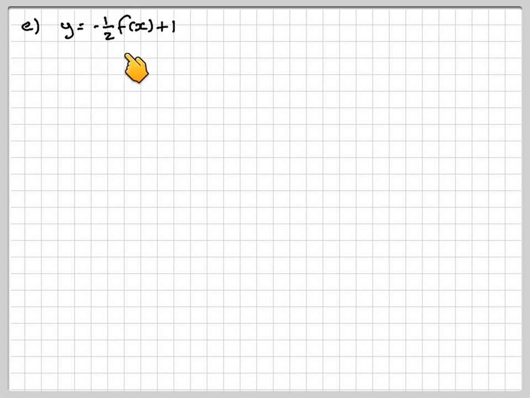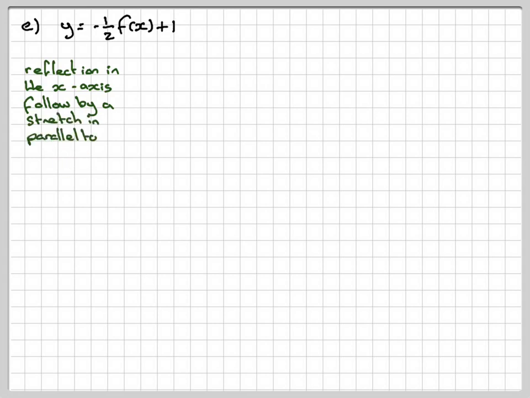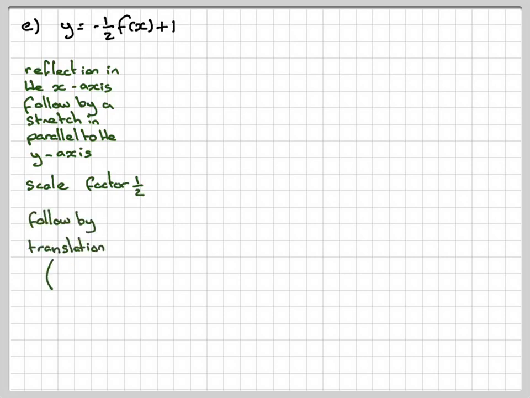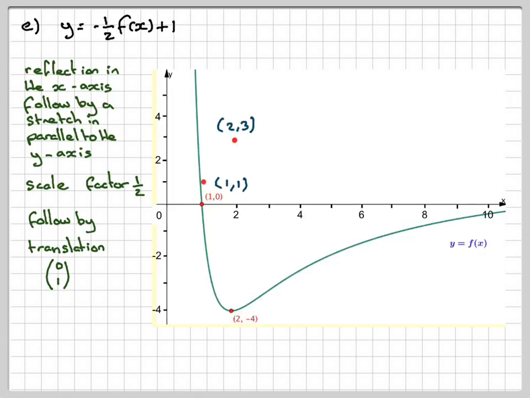y = -½f(x) + 1. So this is a reflection in the x-axis for the minus sign, followed by a stretch parallel to the y-axis, scale factor ½, followed by a translation (0, 1). So let's just go back a bit.